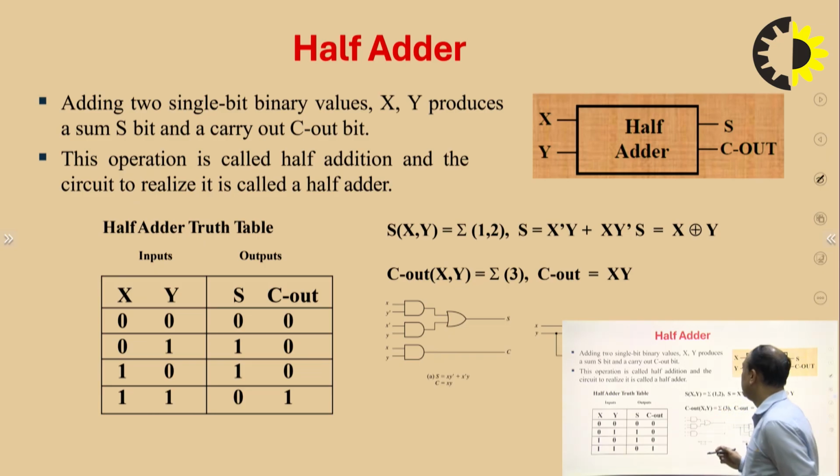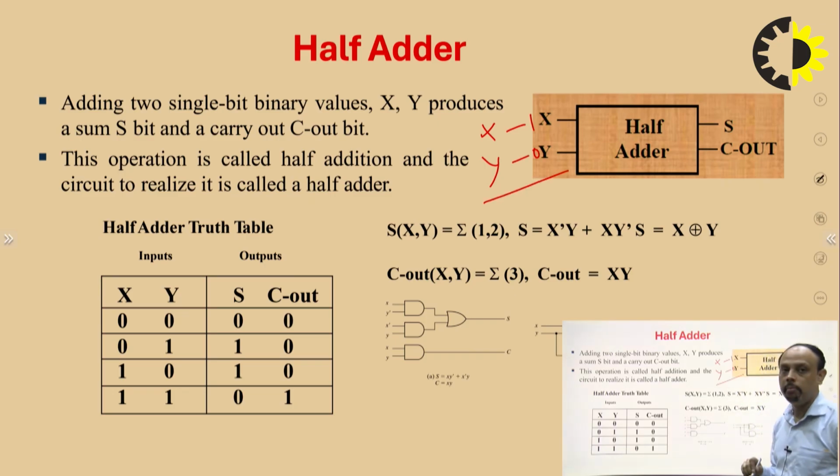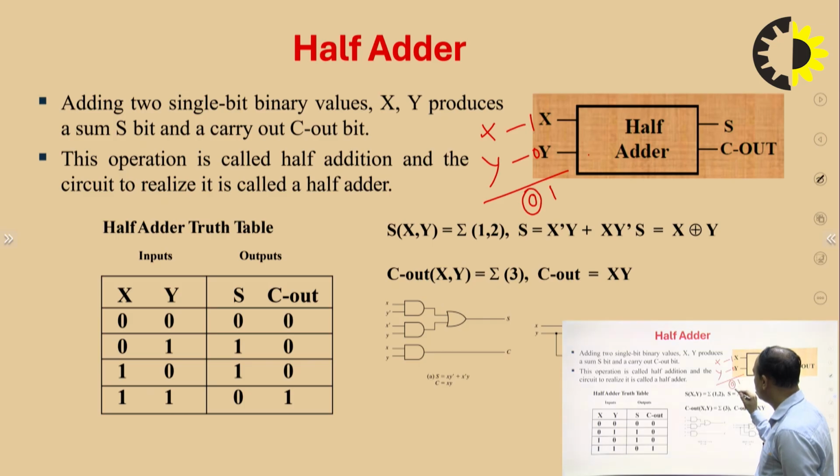Like we have the numbers x and y, which are 1-bit numbers, say x is 1 and y is 0, and we have to add these two numbers with the help of the half adder. So 1 plus 0 is equal to 1, and there is no carry, so the carry is 0. So there are two outputs: the sum and the output carry.